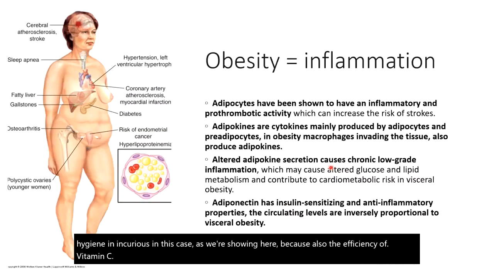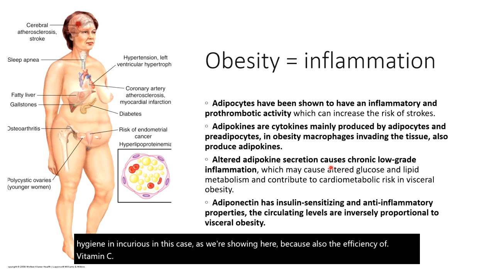So, obesity. Remember, the problem with obesity is not only the presence of adipocytes, but also the action of adipokines. So adipokines are going to be responsible for a prothrombotic and inflammatory activity in all tissues where they are present.